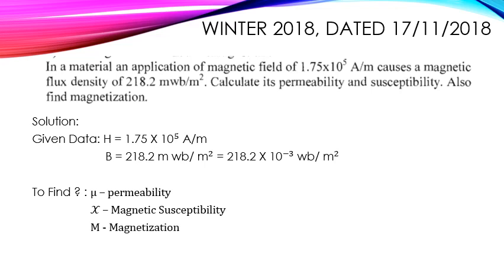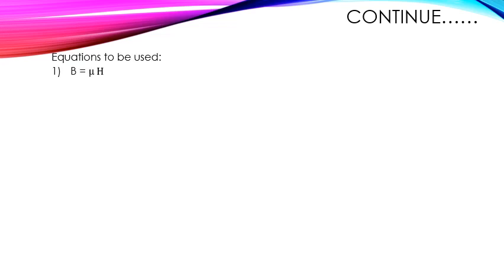With this given data and what to find, we can write the equations to be used to calculate permeability, susceptibility and magnetization. So here we will continue with the equations to be used. The first equation, as we have seen earlier, B is equal to mu H, then mu is equal to mu naught mu R. Mu naught is equal to 4 pi into 10 raised to minus 7 henries per meter.